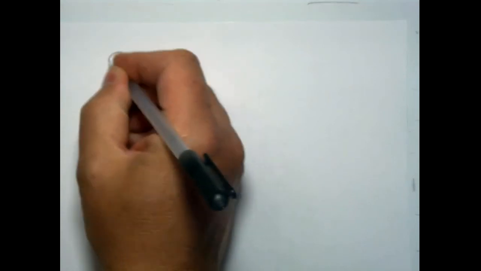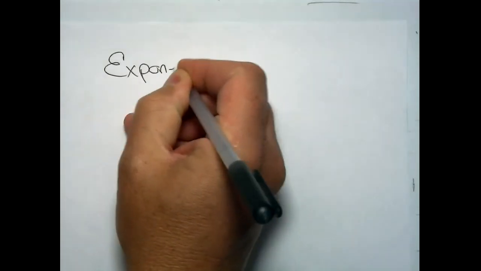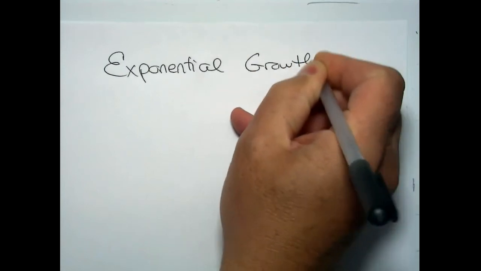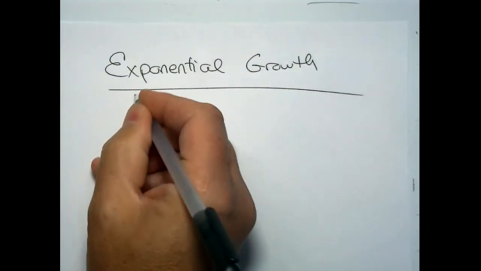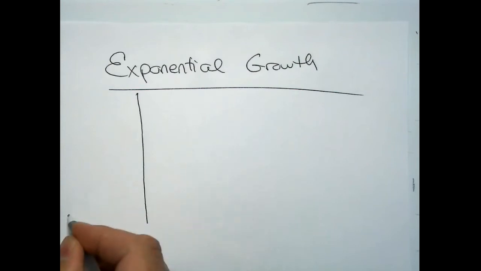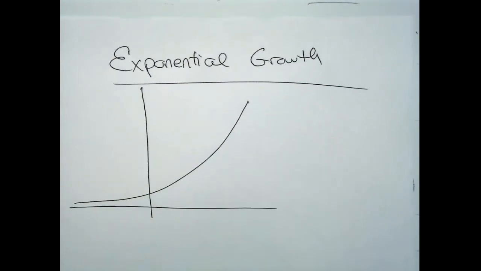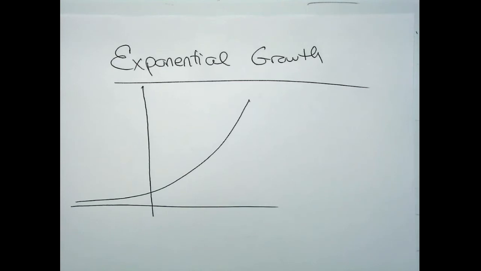So first, I want to take a look here at what it looks like to experience exponential growth. And exponential growth is, well, exactly what it sounds like. Your curve will grow exponentially, like this.